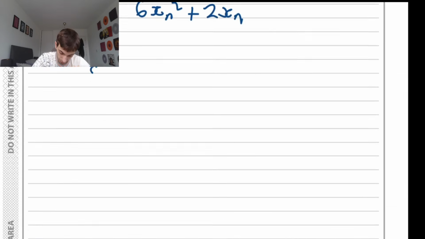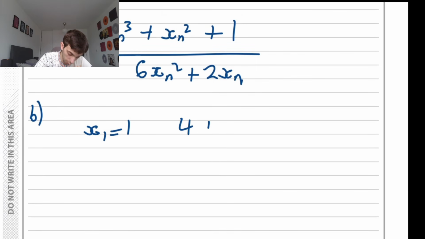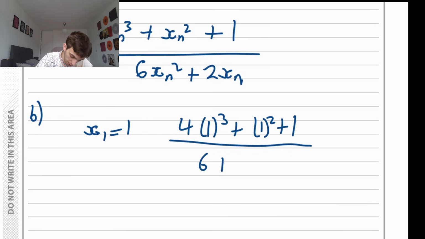So we have x1 equals 1, and then what we would do, we would have 4 times 1 cubed plus 1 squared plus 1 over 6 times 1 squared plus 2 times 1, so plus 2. We can actually do this in our head here. We have 4 plus 1 plus 1, which is 6. In the denominator, we have 6 plus 2, which is 8.